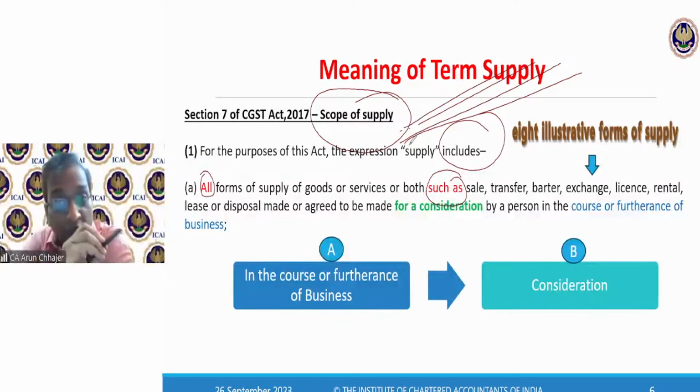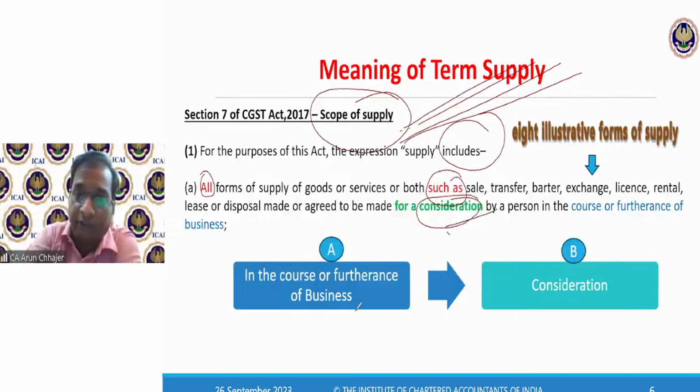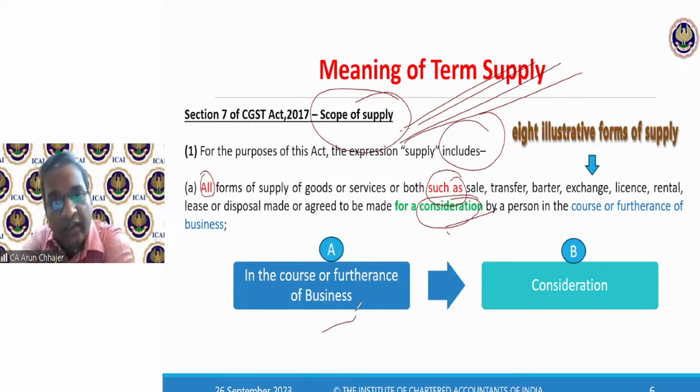It is not narrow, it is not limited. However, clause A says that there are 2 important conditions: one is consideration, second is business.